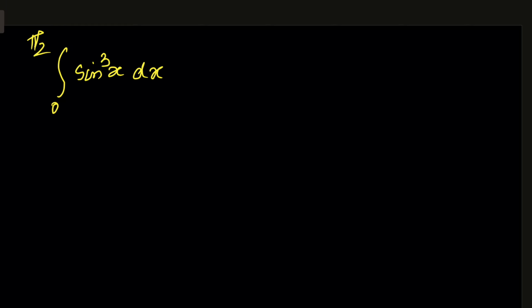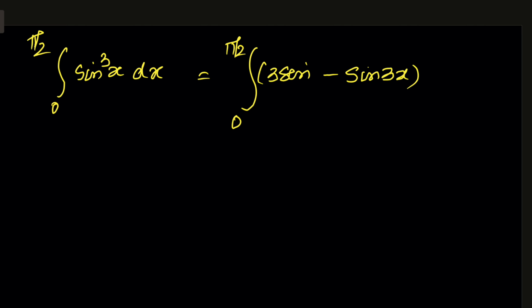Now we'll use the formula that sine cube x is 3 sin x minus sin 3x divided by 4. Now that formula we will be using.